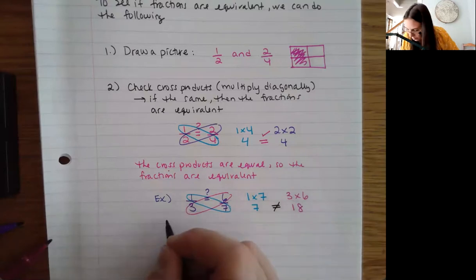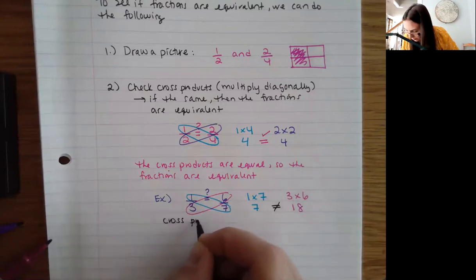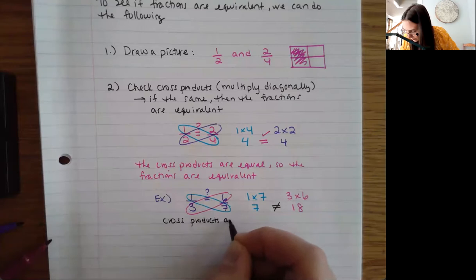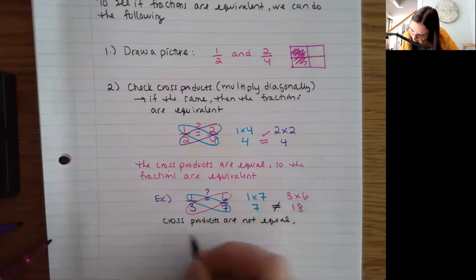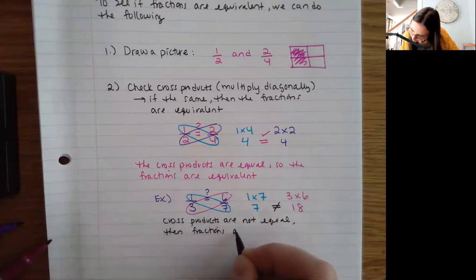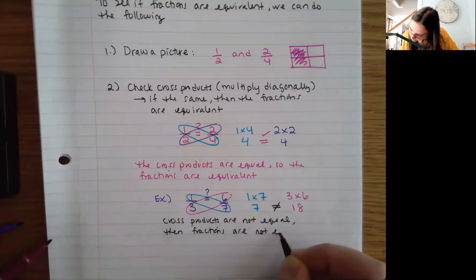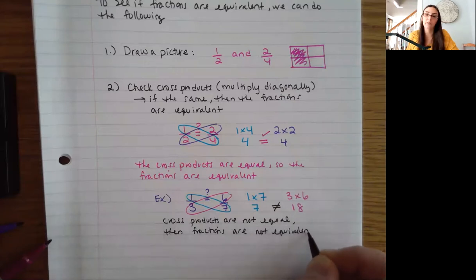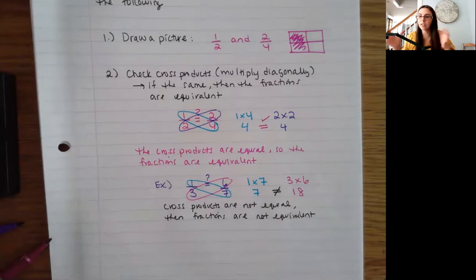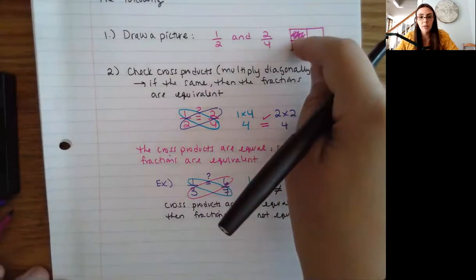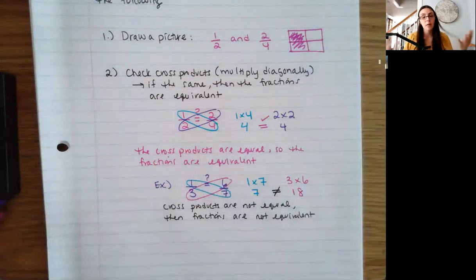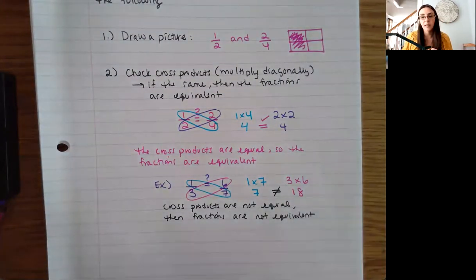So since the cross products are not equal, then the fractions are not equivalent. Okay, so that's another way we can just quickly check to see, are these fractions the same? Obviously, we can draw the picture if we're more of a visual person. That can be cumbersome to try to draw pictures all the time. So we can quickly multiply across, see if we get the same values.